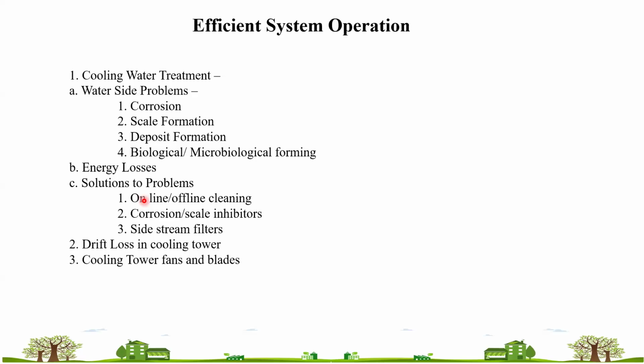So if you don't know about the design and you are suggesting fan automation, and that particular cooling tower is connected to, let's say, a distillation column condenser, and you are not maintaining the temperature of the cooling water, your product recovery is not going to be good.